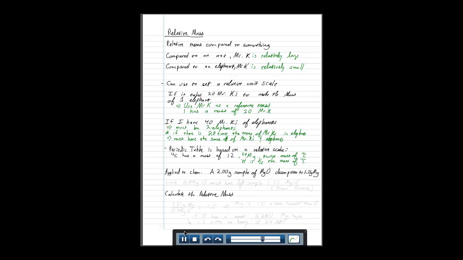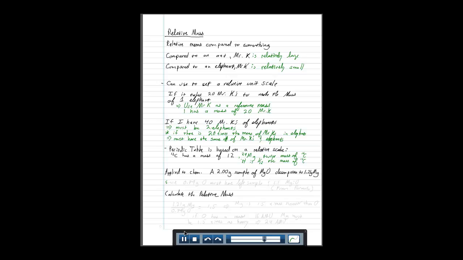Now, we can apply this to lab. Say, for instance, we have a 2-gram sample of magnesium oxide that decomposes to 1.21 grams of magnesium. We can actually set up a relative scale.